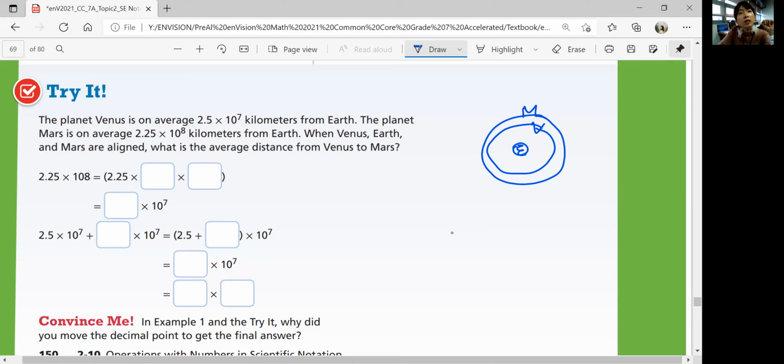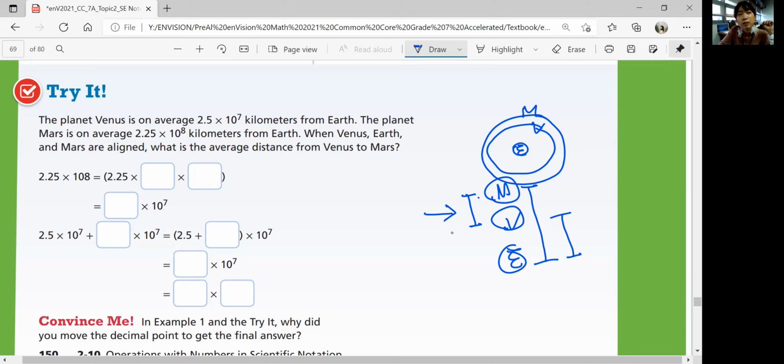When they are aligned, so Earth, Venus, Mars in one row, what's the average distance from Venus to Mars? We already know this distance, Earth to Mars, Earth to Venus. So what do we do with these numbers? We subtract them to get this distance, Venus to Mars, okay?